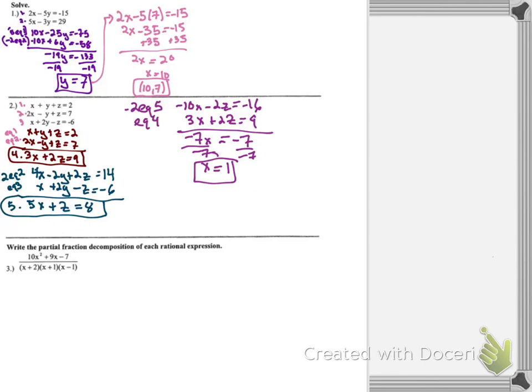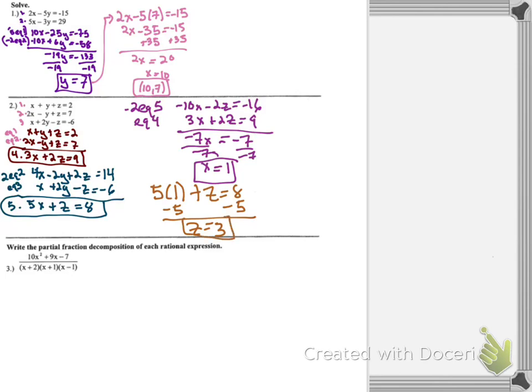So we now have z. Oh, nope, we just now have x. And now we're going to substitute it back into equation 4 or equation 5. So if I take it back to equation 5, I have 5 times 1 plus z equals 8. I'm going to subtract 5 to the other side. z equals 3. Now I know 2 of my variables.